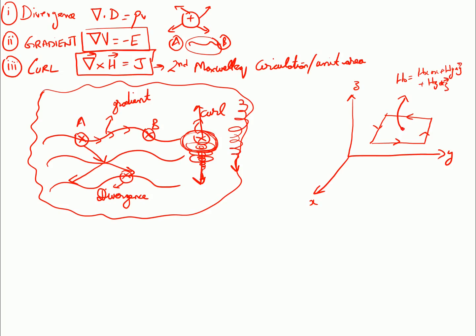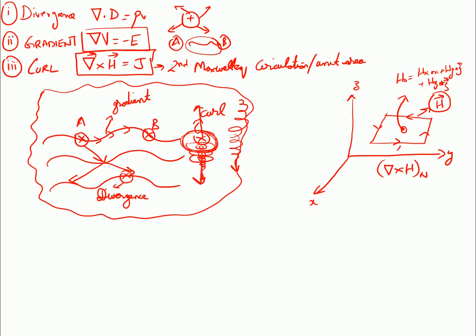So this is the magnetic field intensity at the center. This rotation of the magnetic field we represent as curl of H, and obviously its output will be out of the surface, so it is normal.